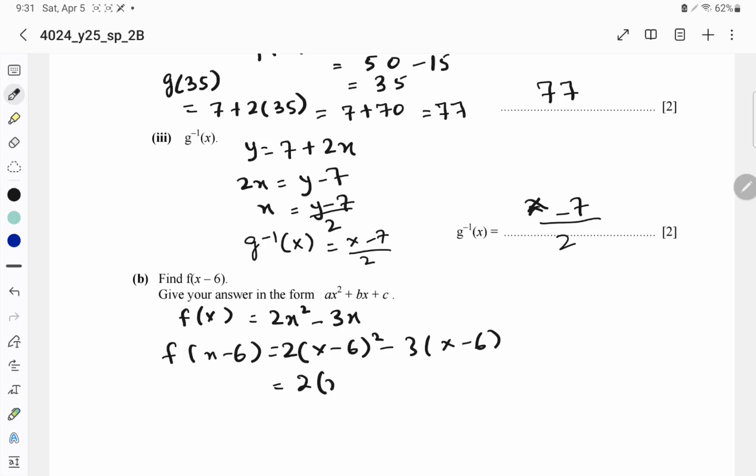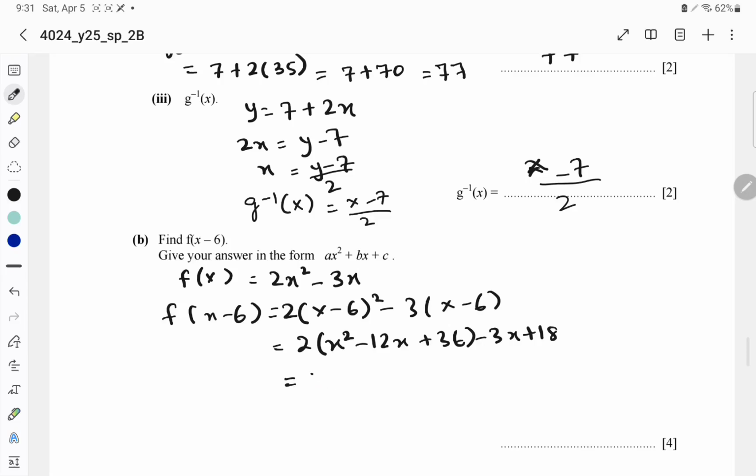The identity used in this question is a squared minus 2ab plus b squared. So 2x squared minus 24x plus 72, minus 3x plus 18. This is the common mistake students make.